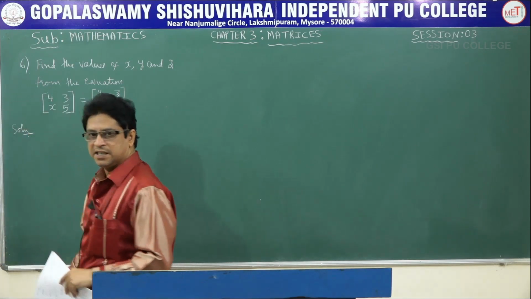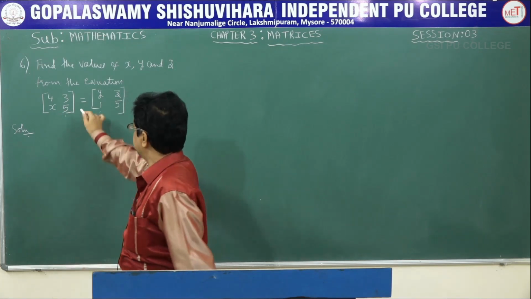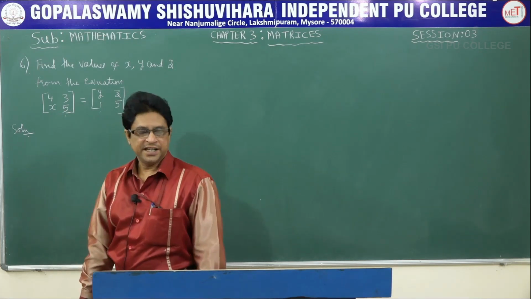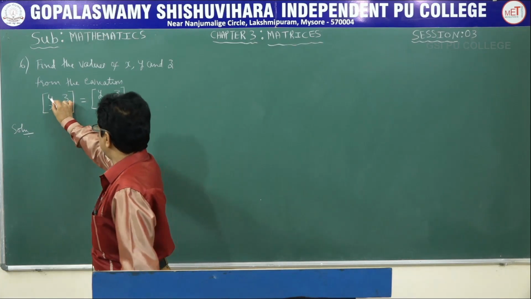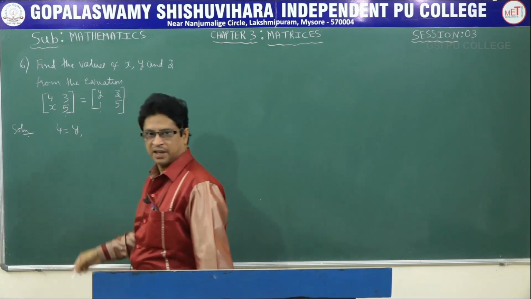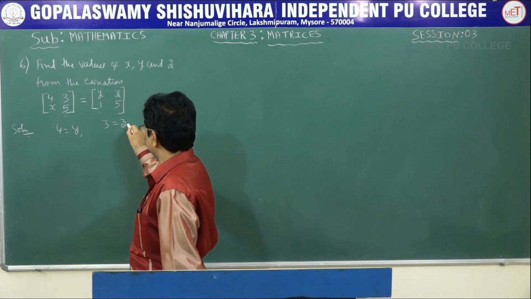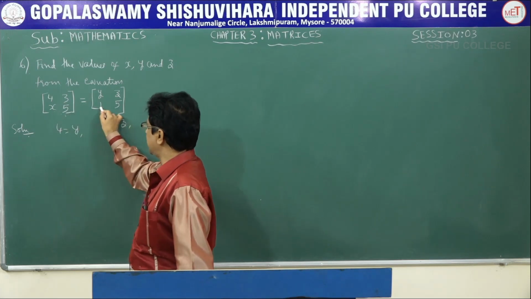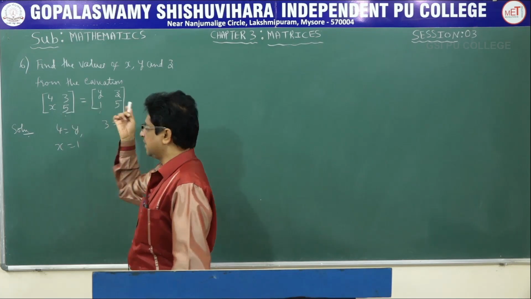From data, it is given that these two matrices are equal. So, we equate the corresponding elements. That means 4 will be equal to y, 3 will be equal to z, x will be equal to 1, naturally 5 will be equal to 5.